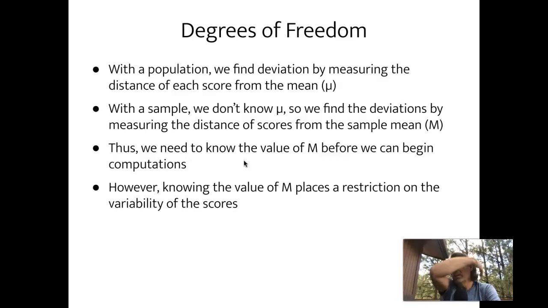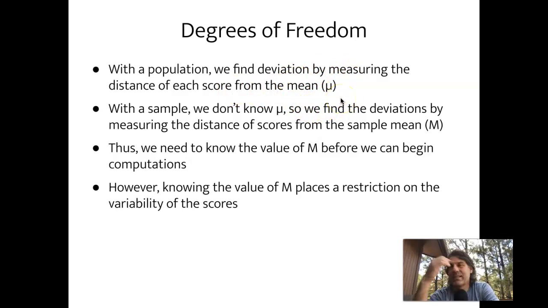So what degrees of freedom relates to is that when we're working with a sample, so we took a sample from a population, before we get to the sample, if we're just working with the population, we find the deviation by measuring the distance, the deviation of each score from the mean, right? And then we have to know that mean to do that.